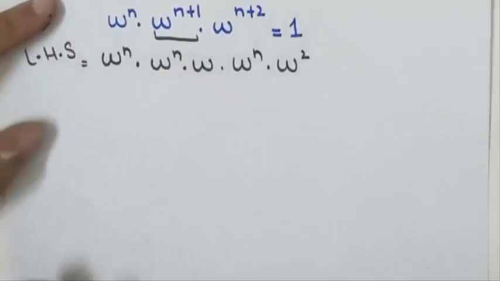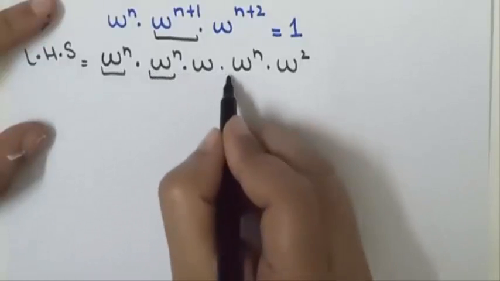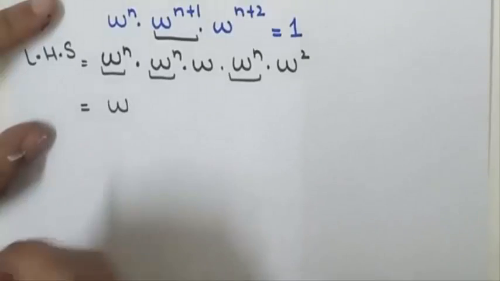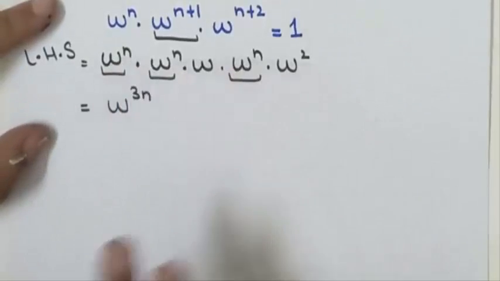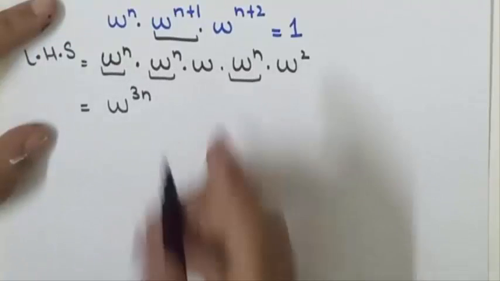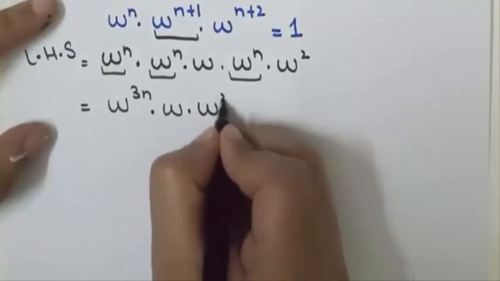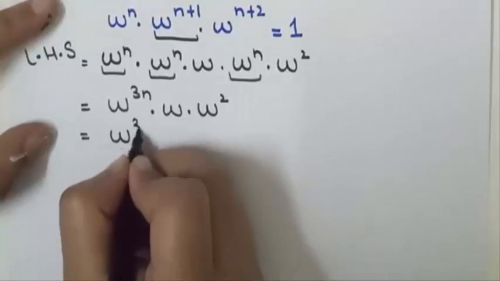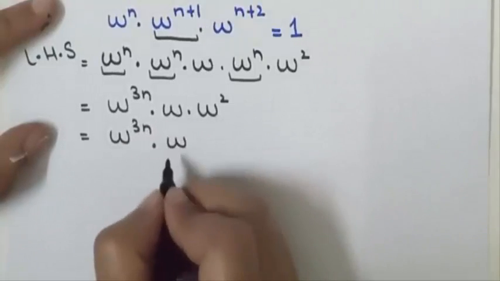Very simple proof. Now we have omega n and omega n 3 times. So we can write omega 3n. When bases are same, their powers can be added. And we have omega and omega square left. Omega 3n. Again, when bases are same, their powers can be added.